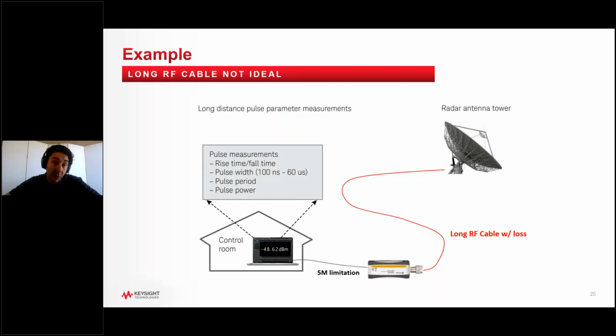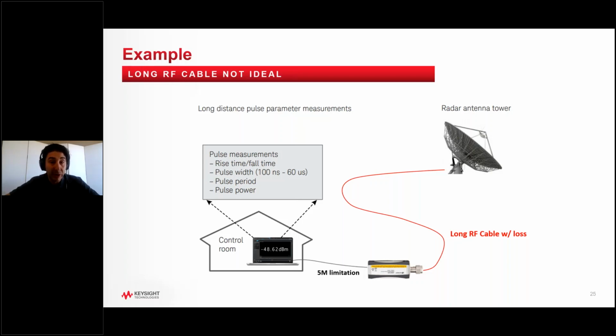Now, if we were further away, maybe the first thought would be to use a long RF cable. While that will still form your electrical connection, you can imagine the drawbacks of using this: accounting for the large loss that you have over whatever distance of cable you're using, as well as the uncertainties due to mismatch, and routing.